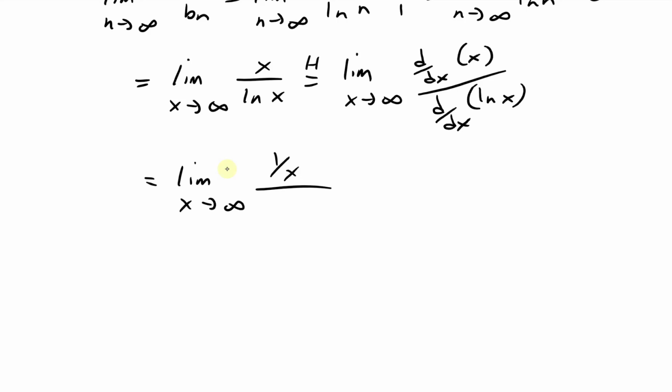The derivative of x is just 1, and the bottom is 1 over x. So the x goes on top, and we get the limit as x approaches infinity of x, which is just infinity.